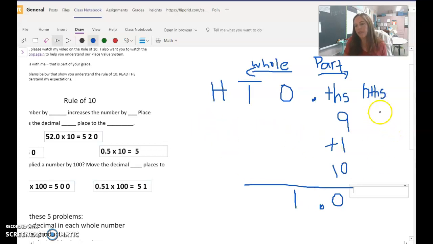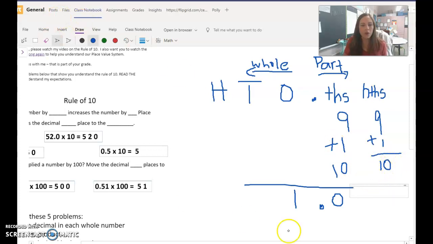Okay? Would it work with hundredths? Well, yes, if I have 9 hundredths and I added one more, I would then have 10 hundredths. Well, can I fit 10 into this one place value? No, place values can only hold one digit.